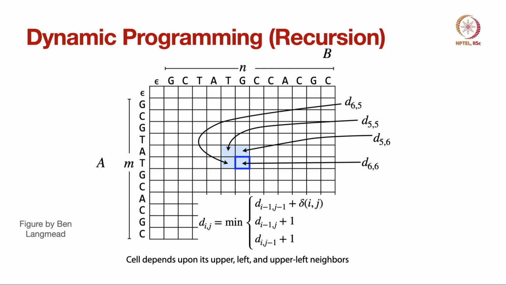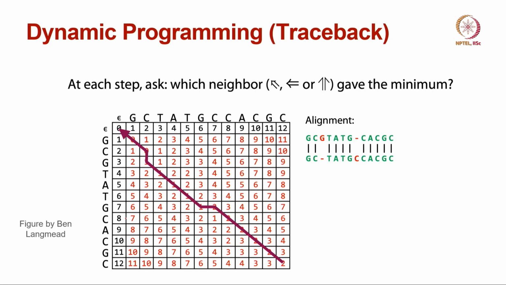Because this DP table is of size m cross n and each cell takes order 1 time, we were able to solve this dynamic programming in order mn time, and a simple trace back in this dynamic programming also gives you back the alignment.